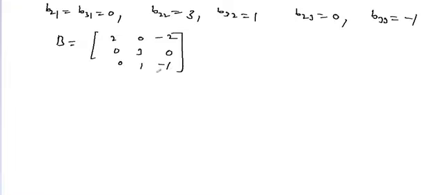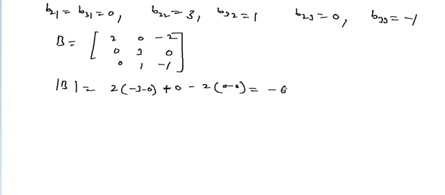So this is the matrix B, and the determinant of B is equal to 2 into minus 3 minus 0, plus minus 0, minus 2 into 0 minus 0, that is equal to minus 6.